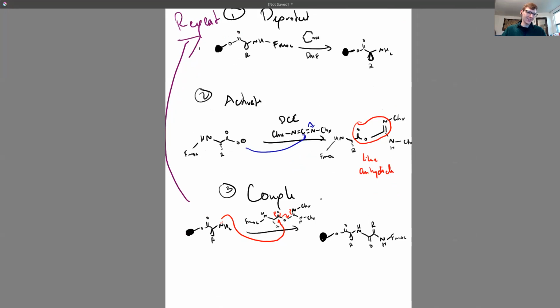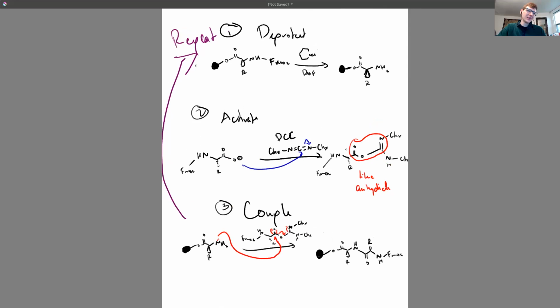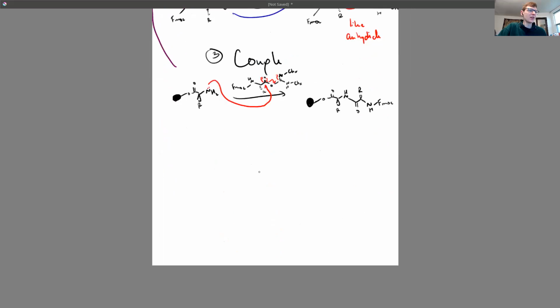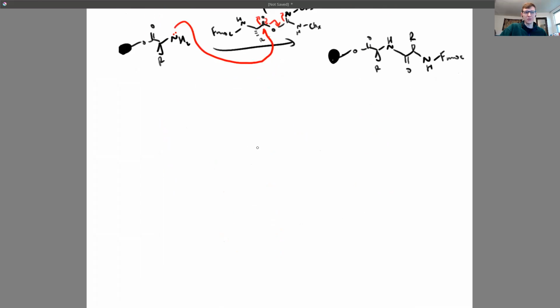That's all the reactions. This one, solid state synthesis, gets complicated. At the end of the day, when you want to take the protein off, you have this bead, right?